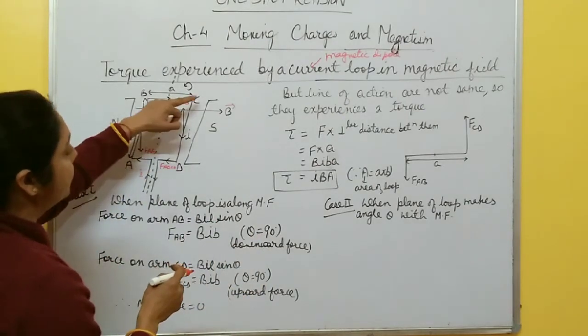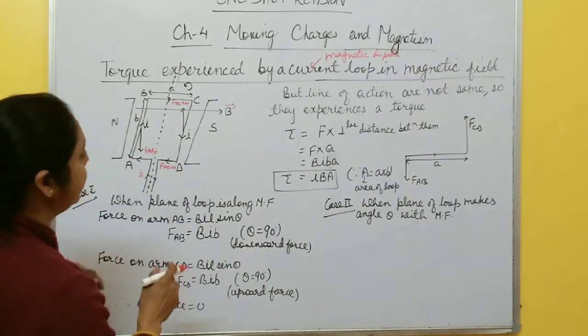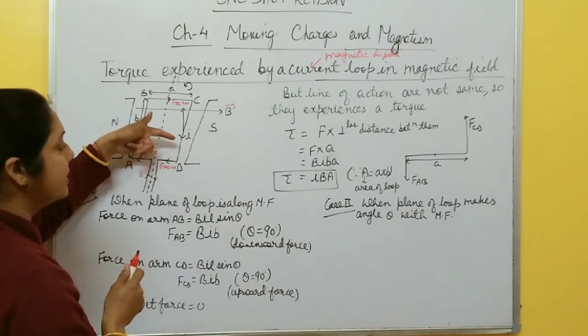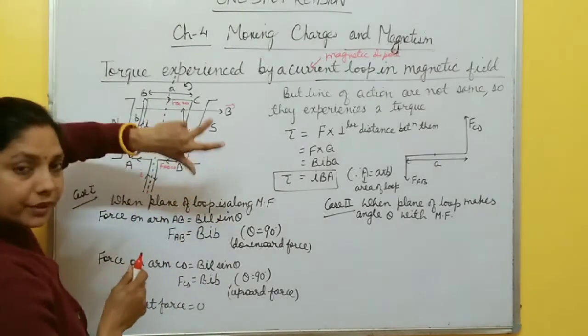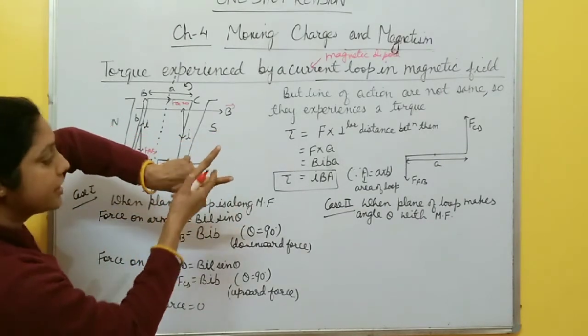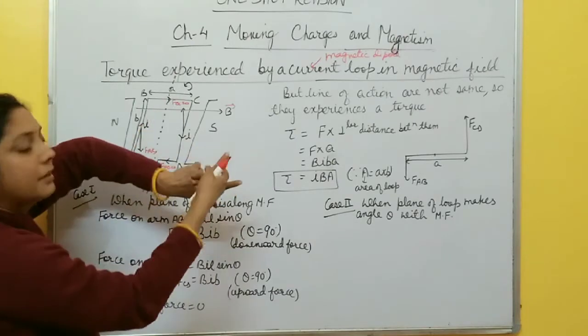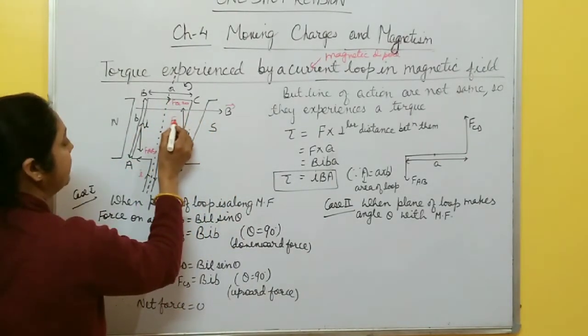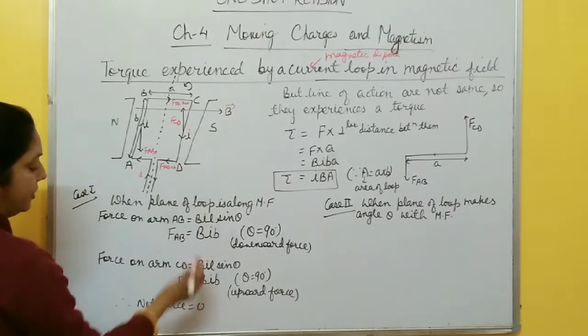Again, force experienced by this arm CD. Here again magnetic field is in this direction, but current is now in which direction? Downward direction. So force experienced by this arm is upward. This one is the force experienced by arm CD in upward direction, right?